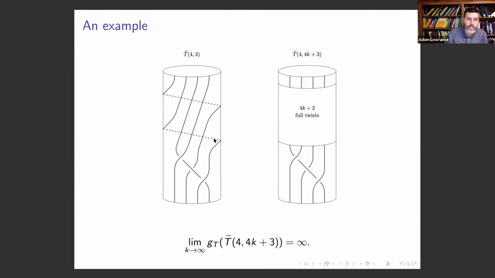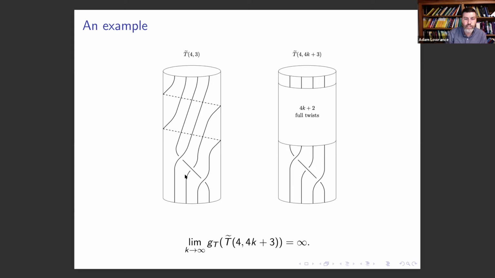The idea is that you embed on the torus, and I'm thinking of this cylinder as being glued together at the top and the bottom so that it is a torus, like you normally would. But you take off the last three crossings, and you place them onto the torus rather than having them wrap around, and then you change one of them. So I'm changing the crossing right here.